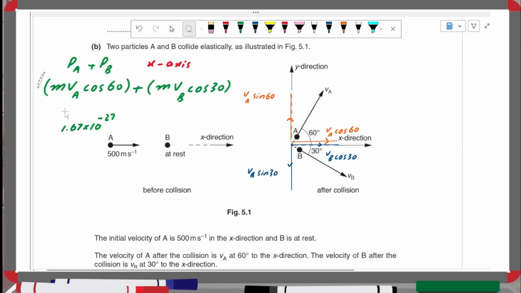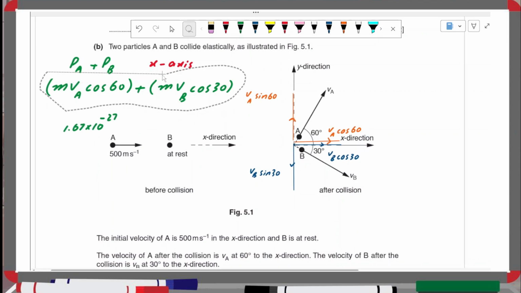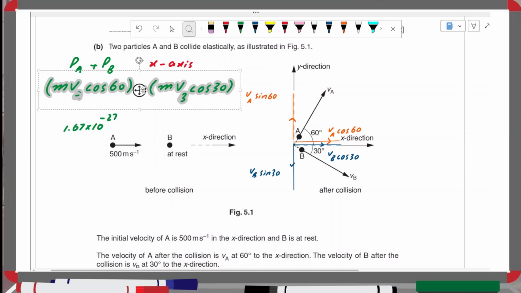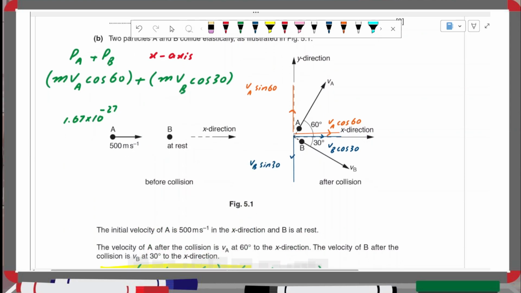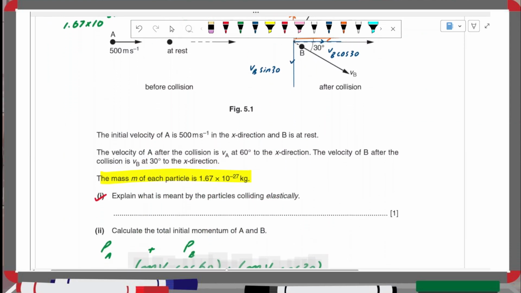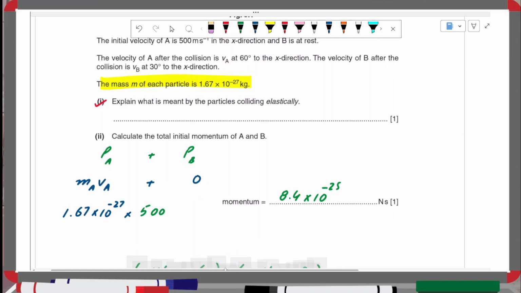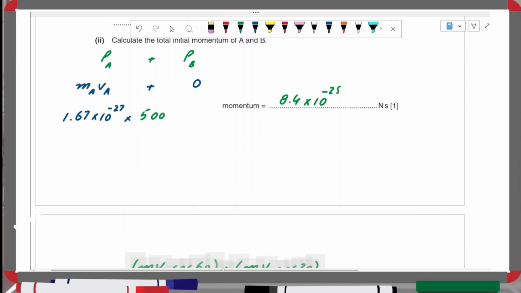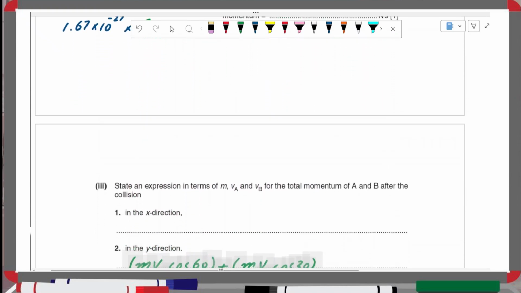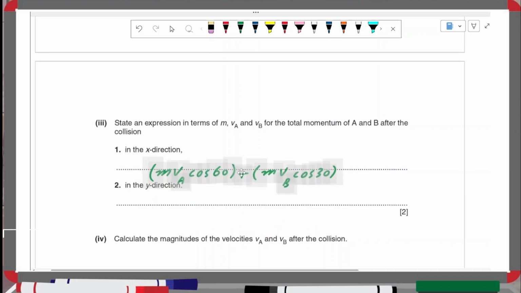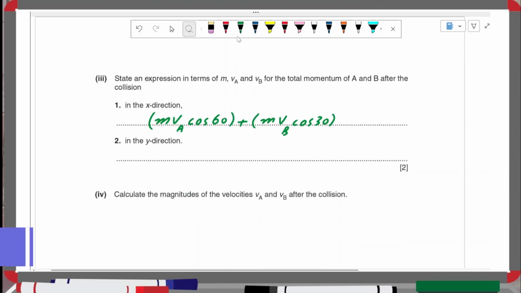So this is the final expression for the total momentum after the collision along the x-axis. We can write it over here.